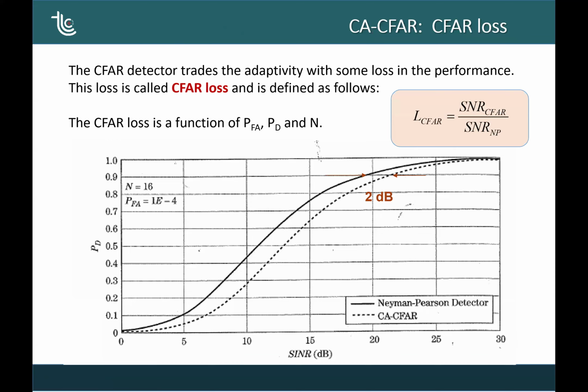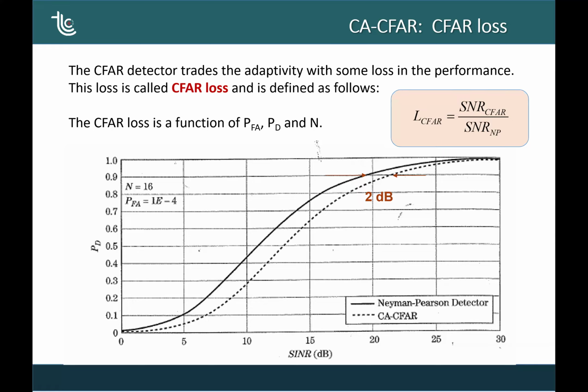Now, of course, nothing comes for free. So we can build this adaptive detector, the CFAR detector, with a probability of false alarm that is constant with respect to the unknown power of the noise. But this adaptivity means loss.